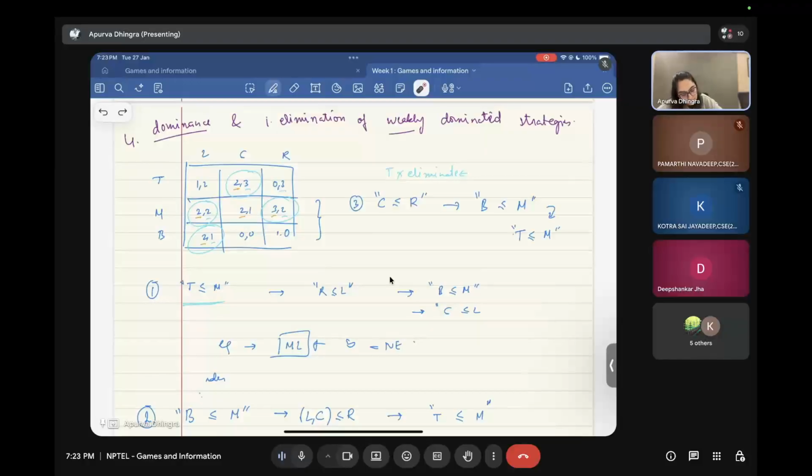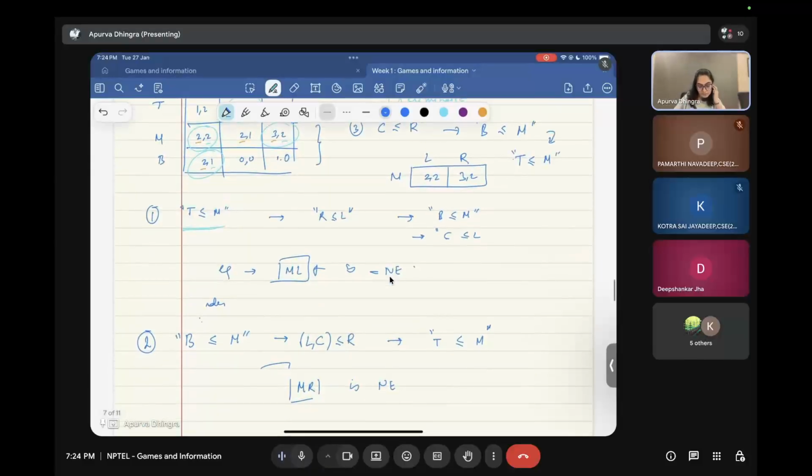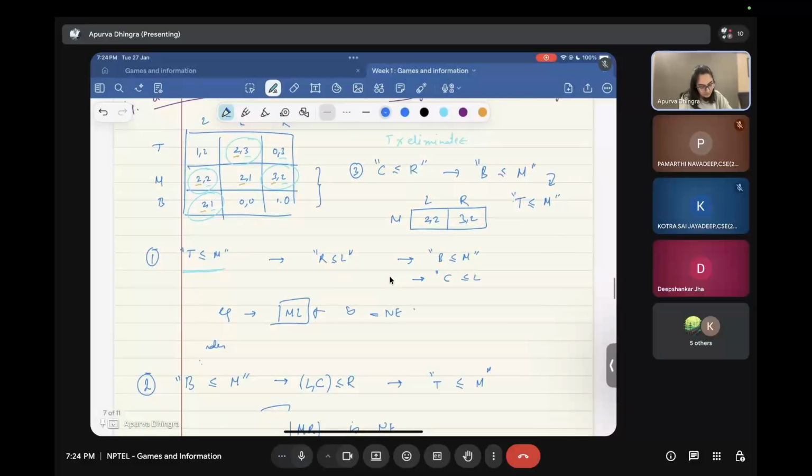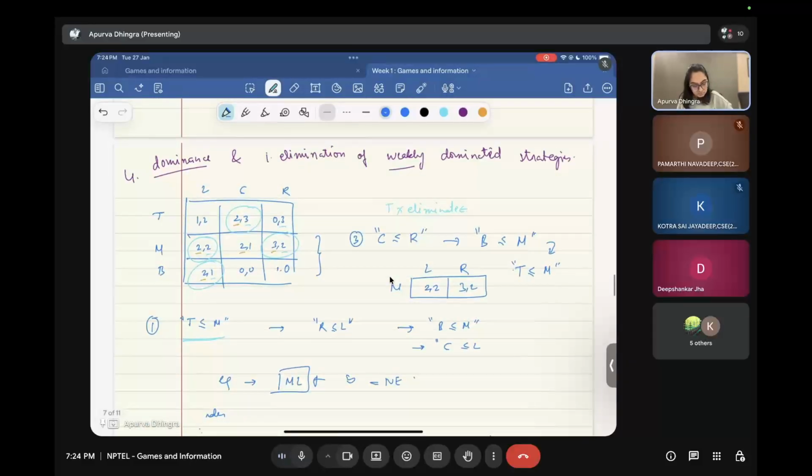So what we are left with is the block L, R and M. Oh, but we got the same ones. Even by taking a different route, we did not manage to capture this one or this one.